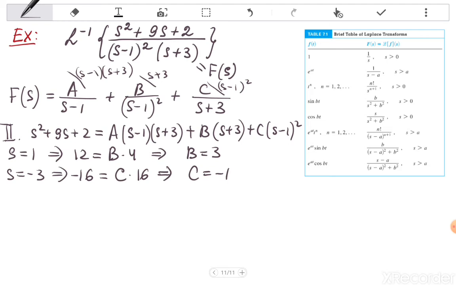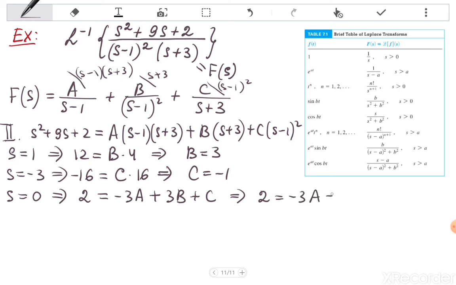To find a, we need just some third value of s. Let's take maybe the simplest case, s equals 0. In this case, the left hand side is 2, and the right hand side is a times minus 3 plus 3b plus c. When we substitute the values of b and c, we obtain 2 is minus 3a plus 9 minus 1.